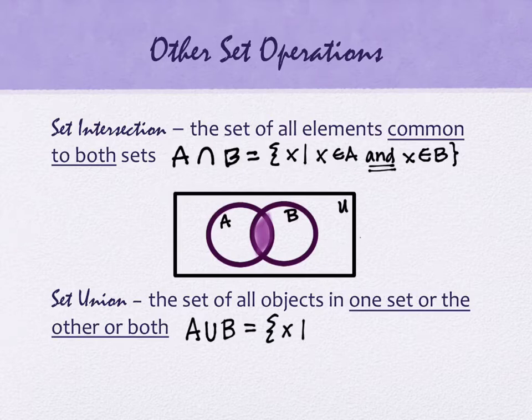And this is the set of all x such that x is in A or x is in B. And you'll notice we don't write the phrase or both, but this or is not an exclusive or, it's an inclusive or. An inclusive or means either or both. So it could be in both.